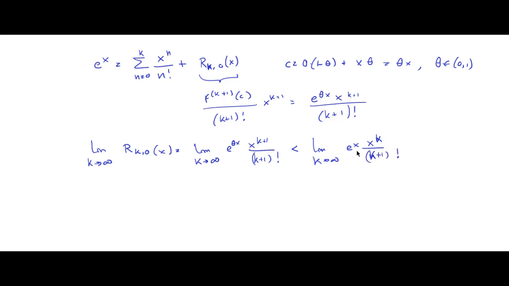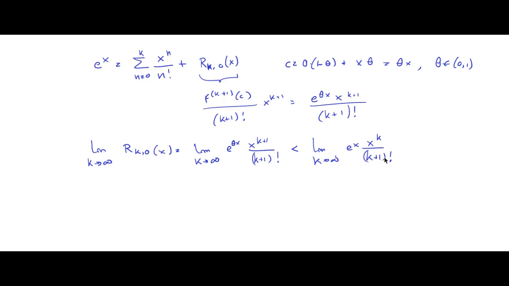But now, as you can see, x is just a number, okay? It's just a value. So the exponential is going to be a constant with regard to this limit, right?